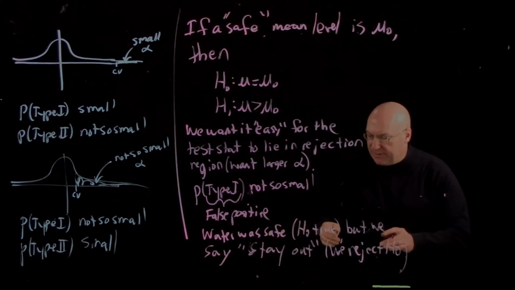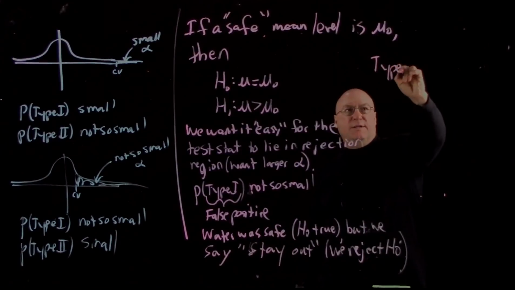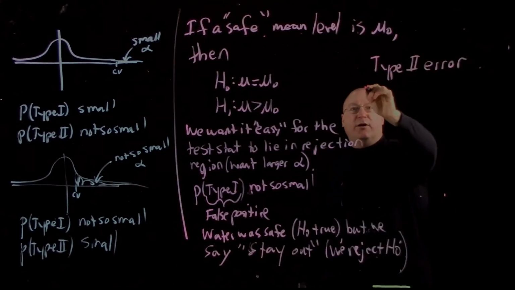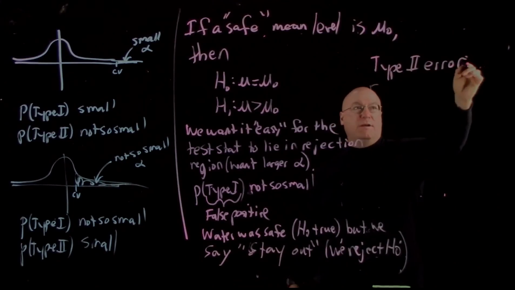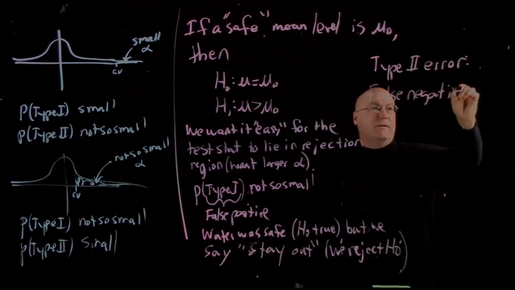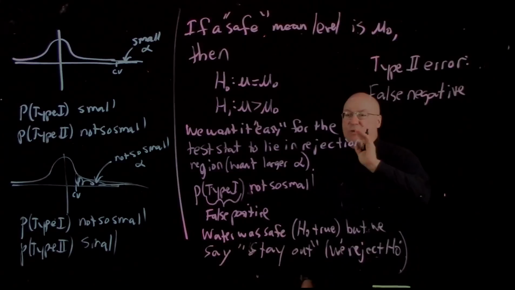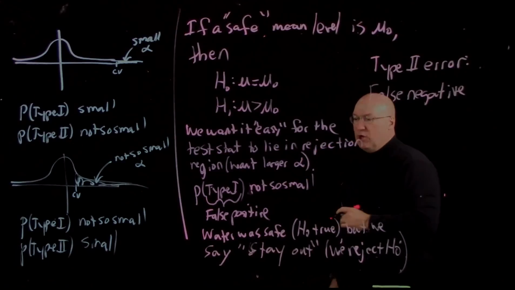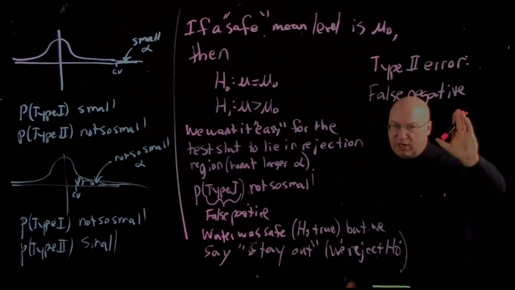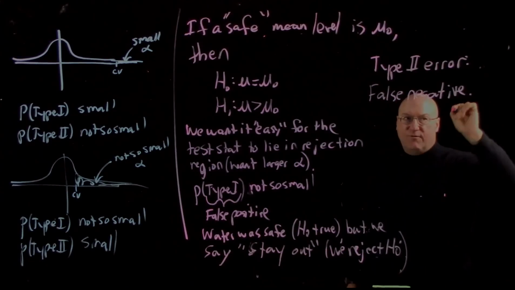Okay, no, that is correct. It's a false positive. Type 2 error is a false negative. Here we have rejected the null hypothesis when it is in fact true. Over here, we failed to reject the null hypothesis when it is in fact false.